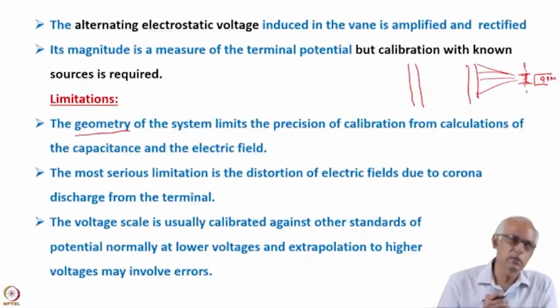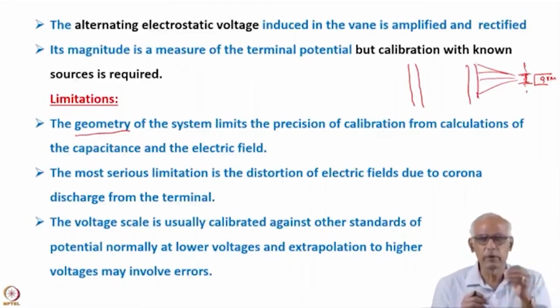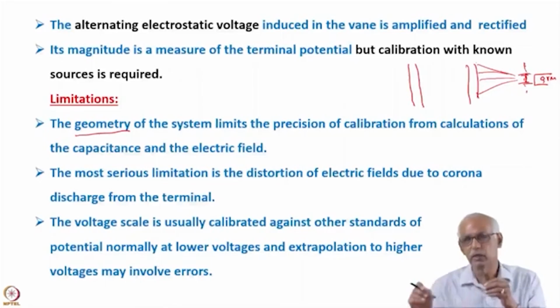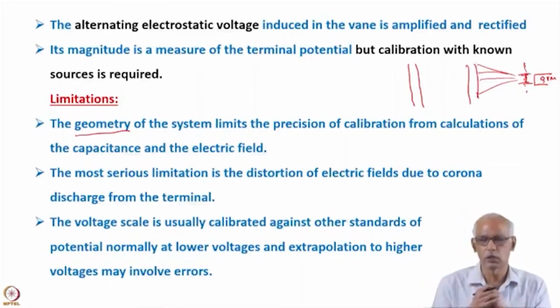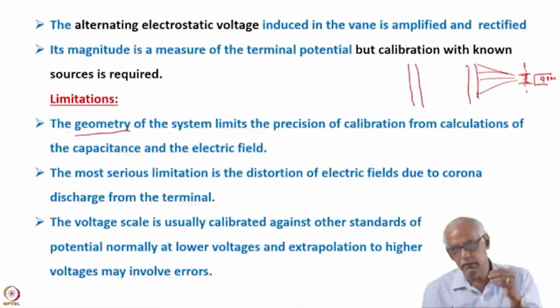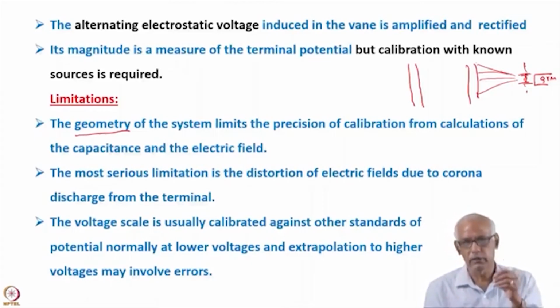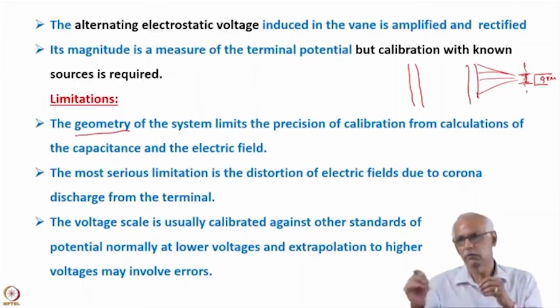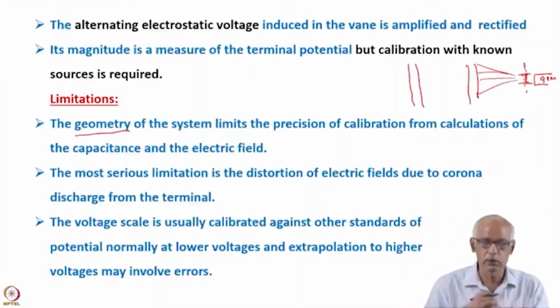Once there is a corona formation, there will be distortion in the electric field, and this electric field is responsible for inducing the charge. So once there is a variation in the electric field itself, there will be a variation in the charge induced and hence the current which we are measuring, and so this may add to some errors.